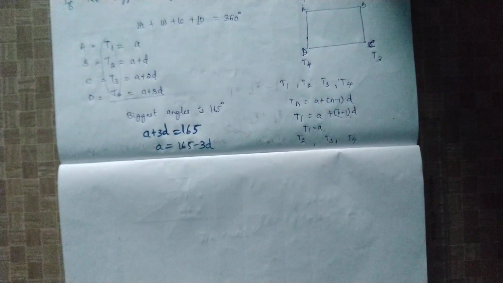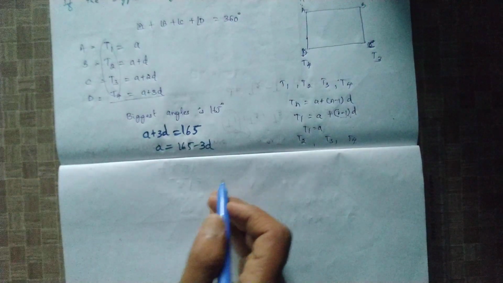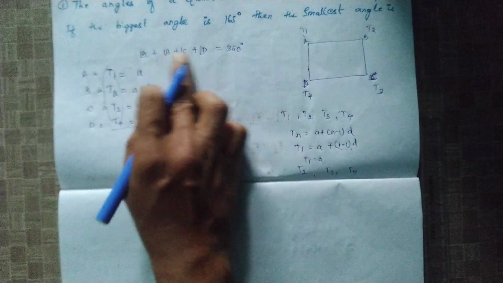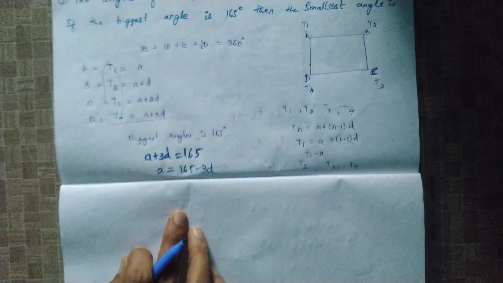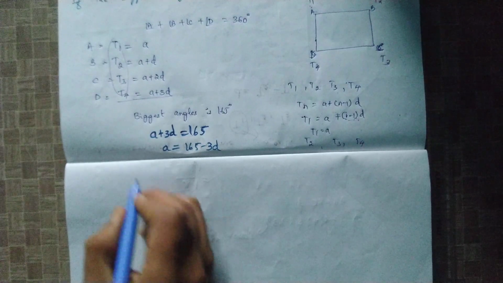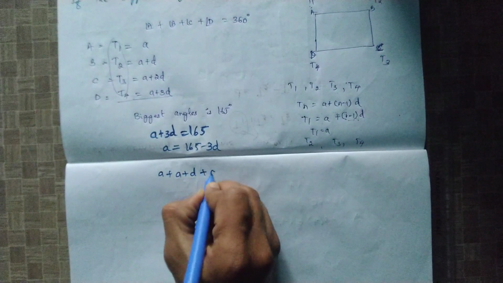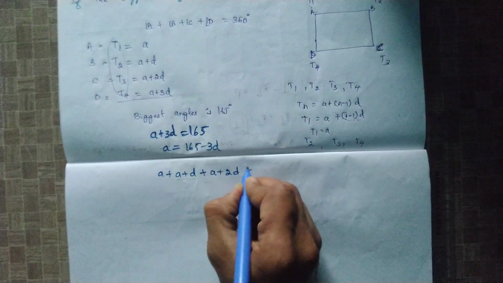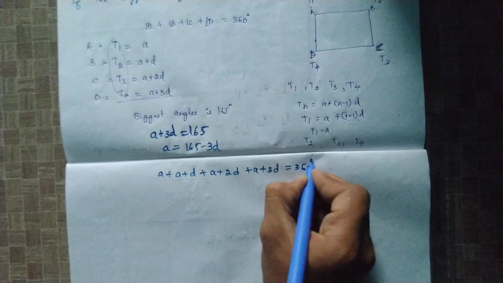We know the sum of all the angles of a quadrilateral is 360 degrees. So I write directly A plus A plus D plus A plus 2D plus A plus 3D is equal to 360 degrees.